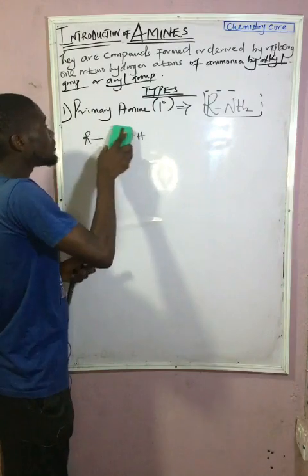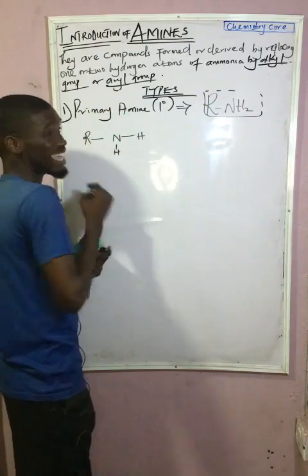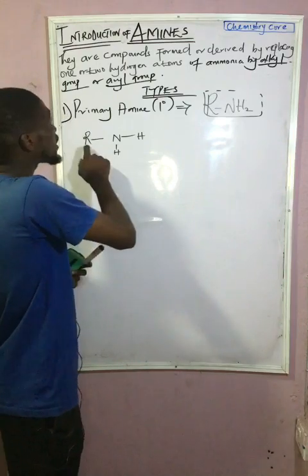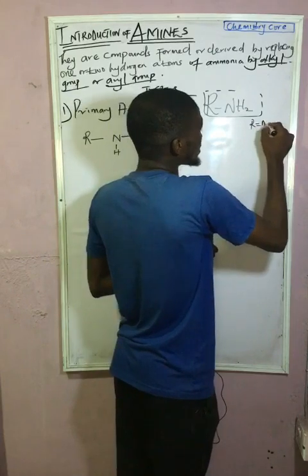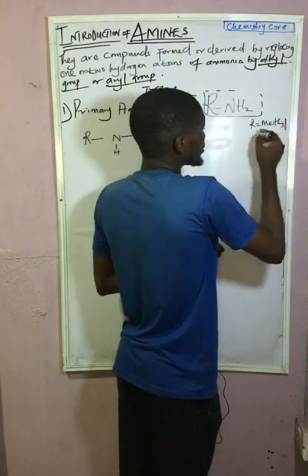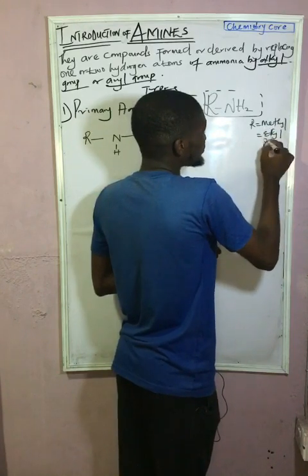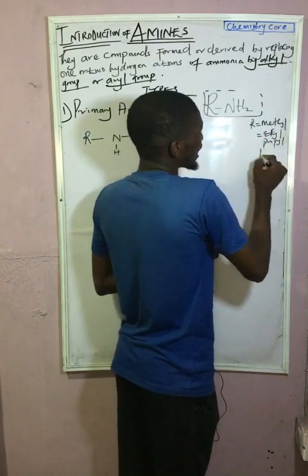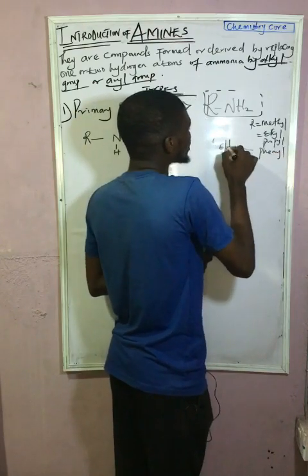But usually we don't show it. So as a chemist, you need to get that. So guys, for this alkyl group, I can have methyl. Other alkyl groups, I can also have ethyl, propyl and phenyl. But phenyl formula is C6H5.